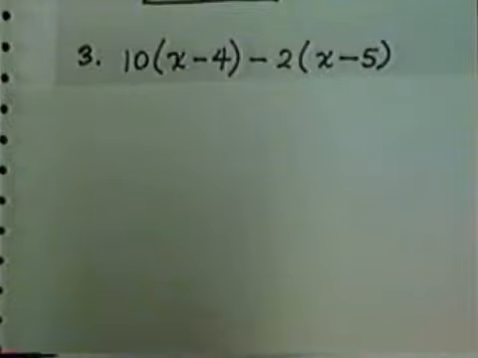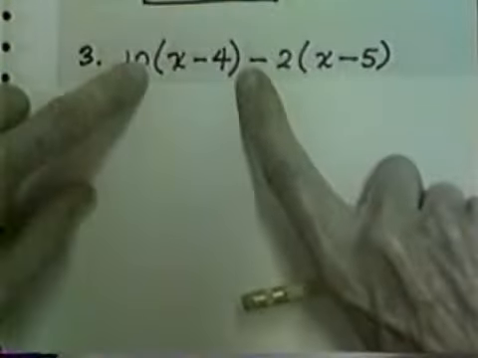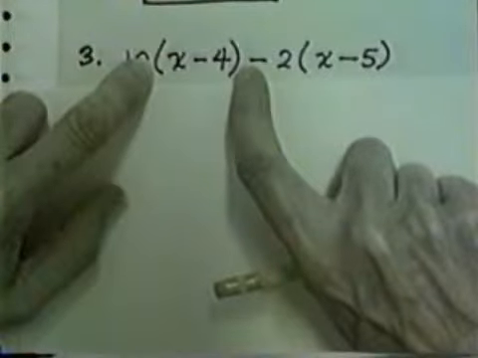Our next example, a bit longer. 10 times the expression x subtract 4, close the parentheses, subtract 2 times the expression x subtract 5. Inside the first parentheses, we have x subtract 4.